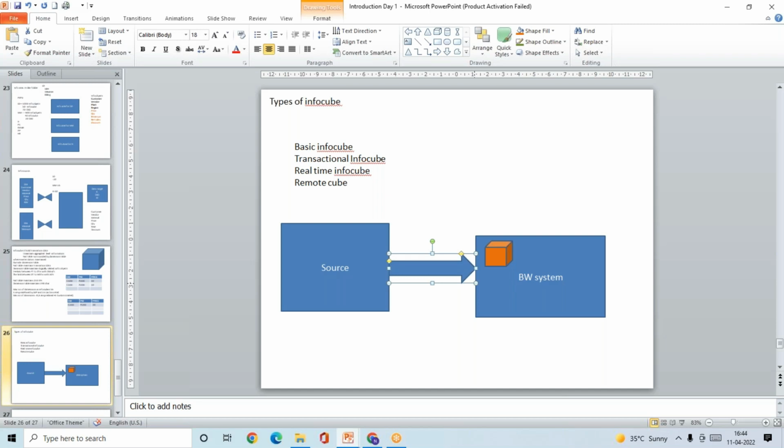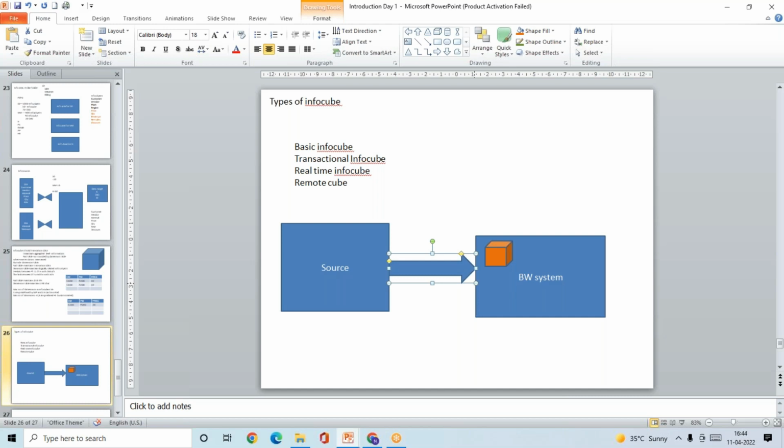And in real time you will be loading hundreds of info cubes and DSOs. That means the data we have in your SAP BW system is always 1 day delay data. If I generate the report, the data will be yesterday's data.